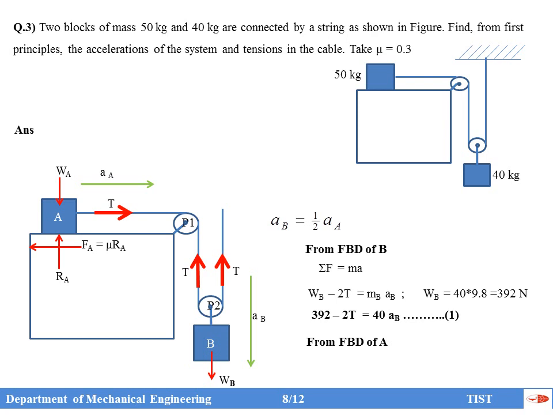It is 0, because acceleration perpendicular to the plane is 0. So we have RA positive and WA negative, RA minus WA equal to 0, because the resultant force in the vertical direction is 0. So RA equal to WA. WA is mass 50 into 9.8, so 490 Newton. So we got the value of RA.